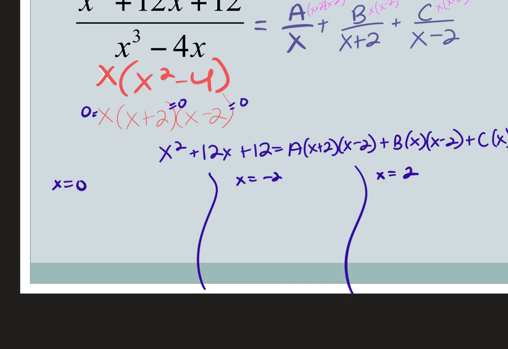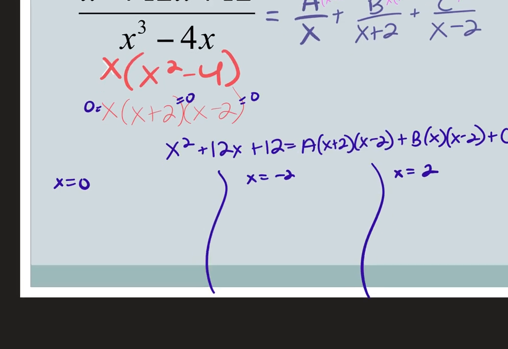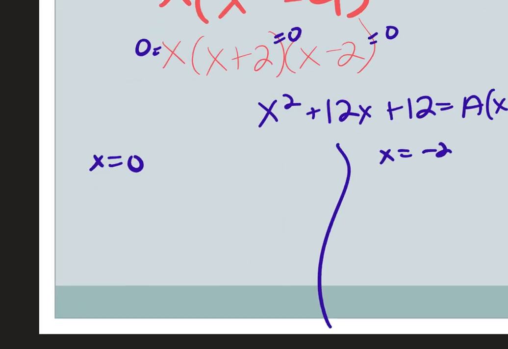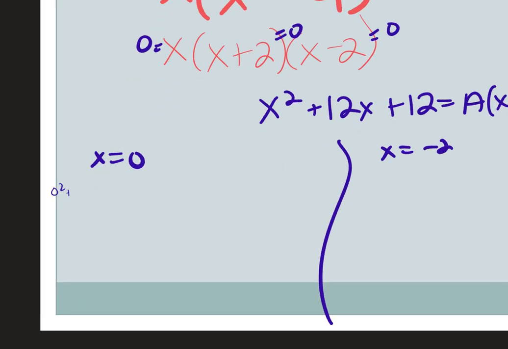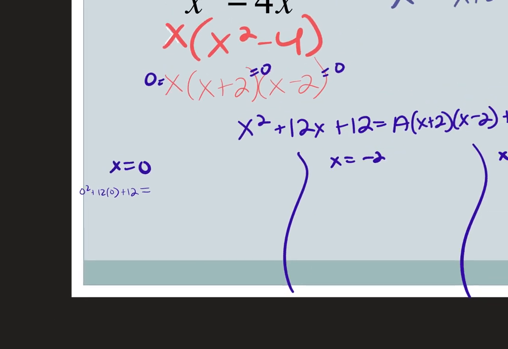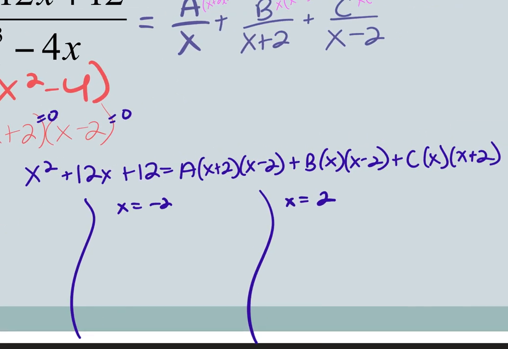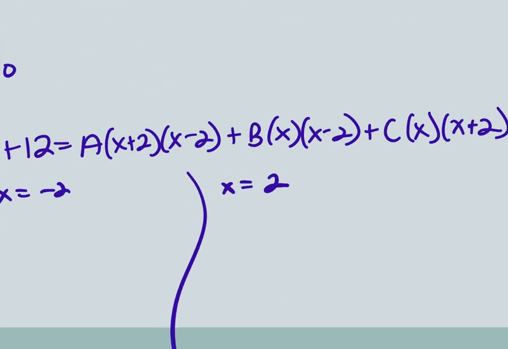So I'm going to show you a couple tricks. First of all, you will always have to plug into the left-hand side. So there's no eliminating having to write out that left-hand side. It would be 0 squared plus 12 times 0 plus 12 equals. Now go to the right-hand side and think about what happens when I plug in 0 for x.